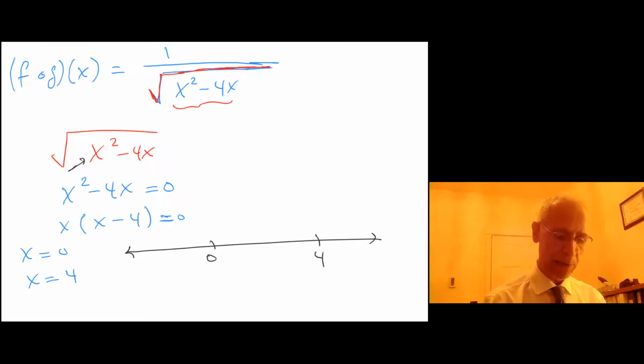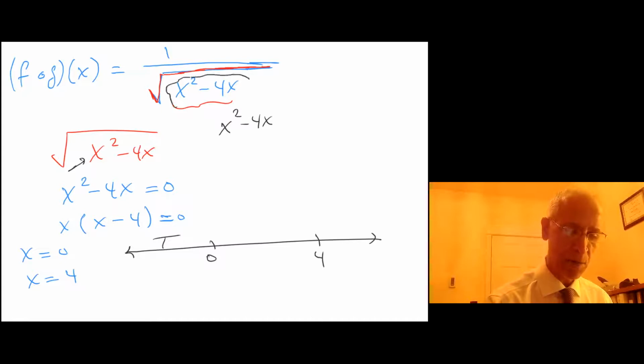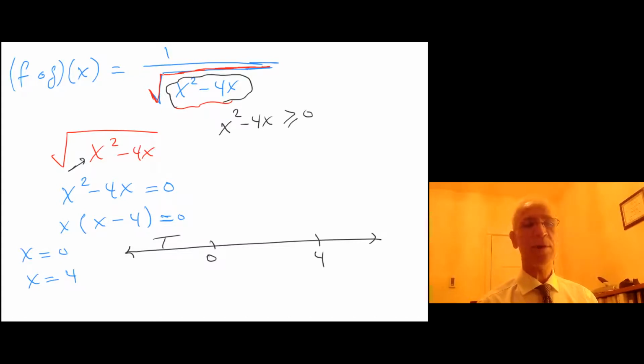So I'm going to put a T for true here. So once again, remember that we said that x squared minus 4x under the square root must be greater than or equal to 0. So for any number to the left of 0, that gives me a true statement.